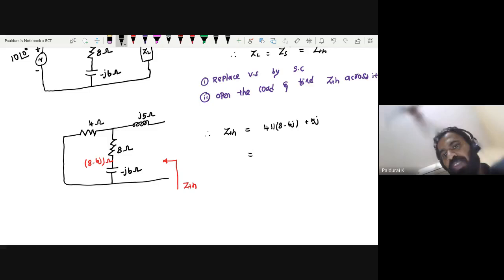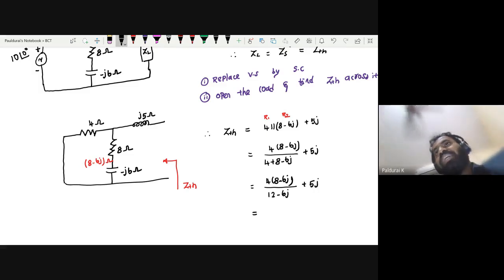It equals, this is my R1 and this is my R2. If R1 and R2 are connected in parallel, the formula is R1 times R2 divided by R1 plus R2. Plus j5. So it equals 4 times (8 minus j6) divided by (12 minus j6), plus j5. Now let me know ZTH in terms of rectangular as well as polar.